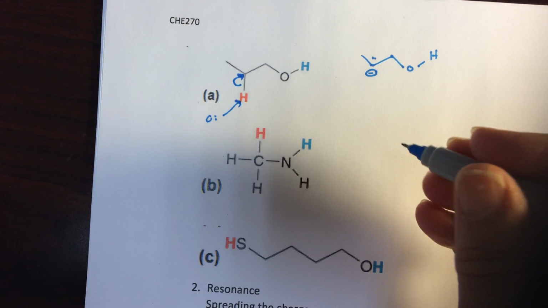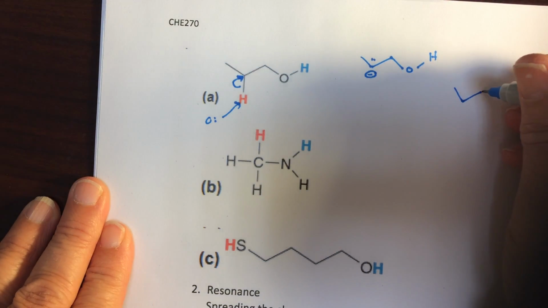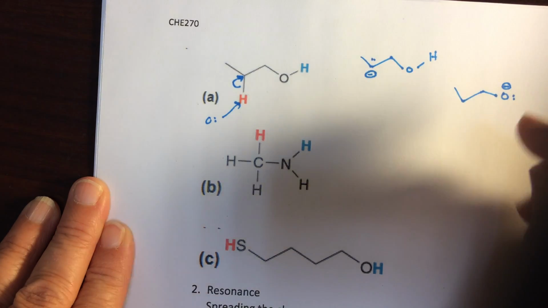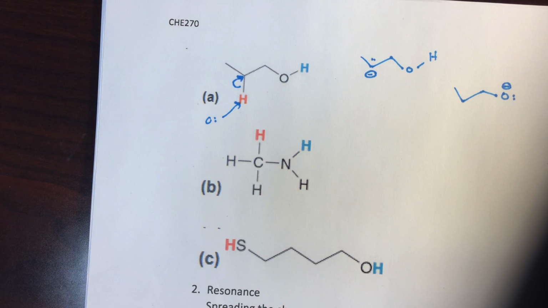If the blue one is removed, those electrons go onto an oxygen. Well, carbon and oxygen are in the same row of the periodic table.